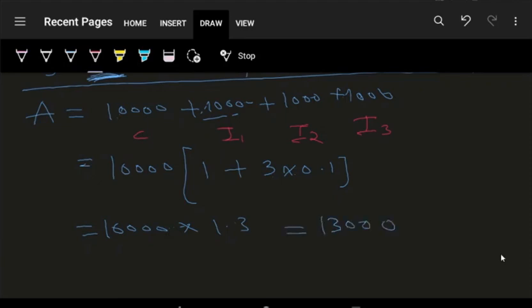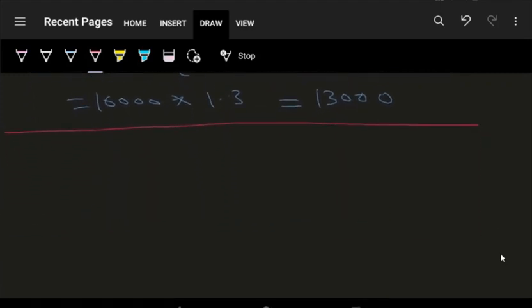So general rule for calculating the accumulated amount directly when we are given simple interest is as follows. For calculating the accumulated amount, we will write it as A equals C into 1 plus n i, where i is my interest rate per time period.